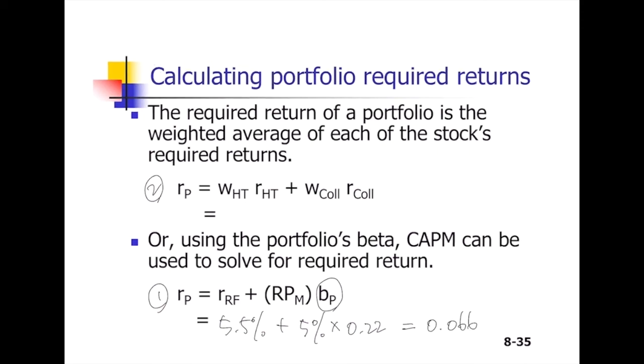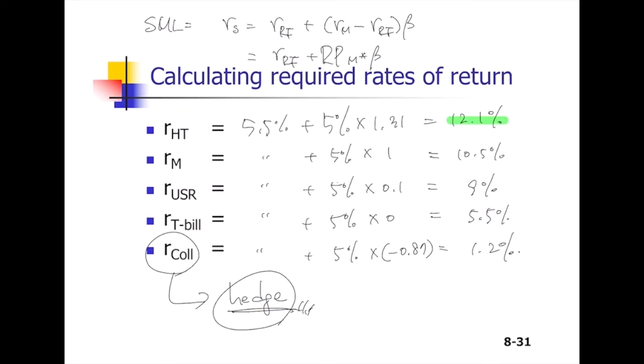0.066. Also, calculate using the weighted average of each of the stocks' required return. So the WT is 50%, so 0.5 multiplied by RHT. RHT we already calculated using this slide, right? RHT is 12.1%.